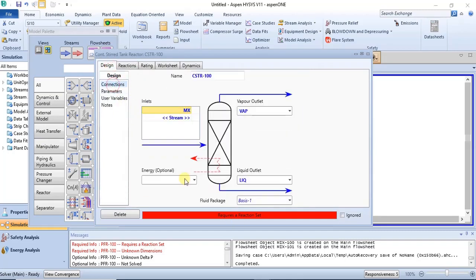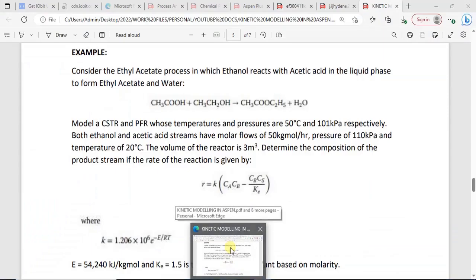Then for the temperature, we can control the temperature by adding an energy stream. I already told you that in the last tutorial when we did our conversion and equilibrium reaction models, about how to maintain a particular temperature in a reactor. So we are going to be using that knowledge here as well.